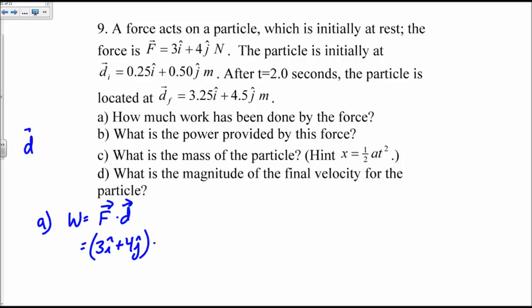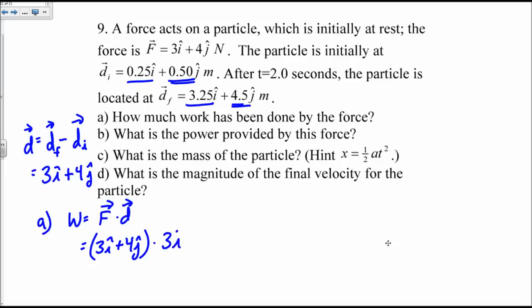My displacement vector is going to equal dF minus dI, which is 3.25 minus 0.25, so that's 3I, and 4.5 minus 0.5, plus 4J. So that's going to be 3I plus 4J.